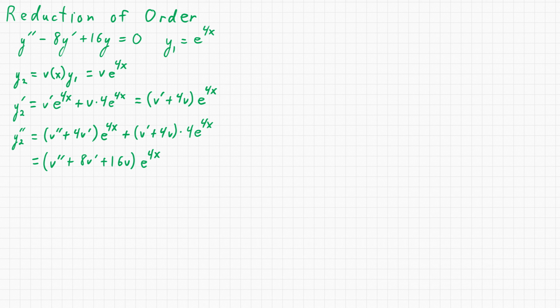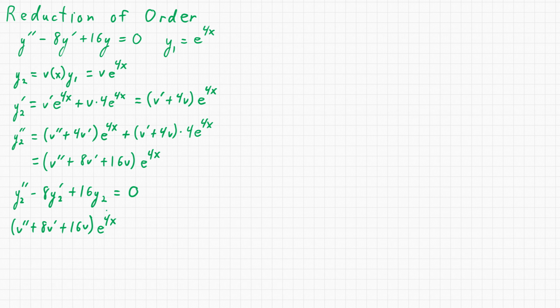All right, now we get to plug it all into the original differential equation. So we're going to have y2 double prime minus 8y2 prime plus 16y2. That's all supposed to equal 0. So substituting in y2 double prime, we get v double prime plus 8v prime plus 16v times e to the 4x.